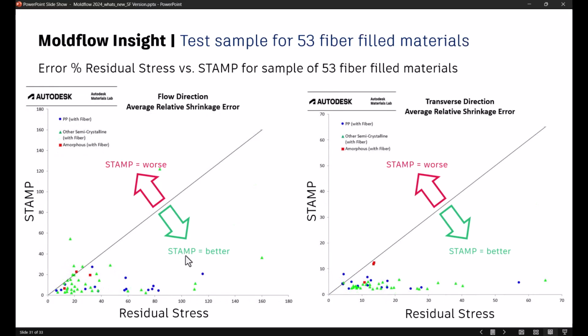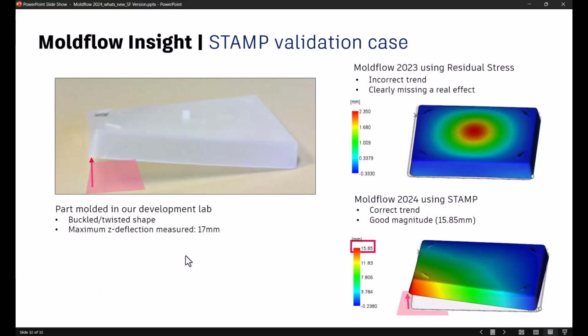This was tested for both filled and unfilled materials before it went to the commercial release. A validation paper is available. If you need access, do let me know, or it's available on our website as well, so you can download it from the Autodesk Moldflow website.